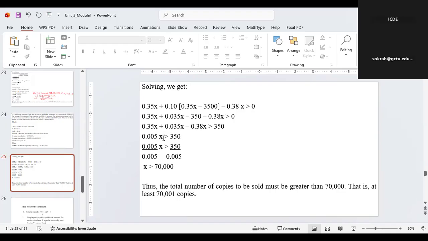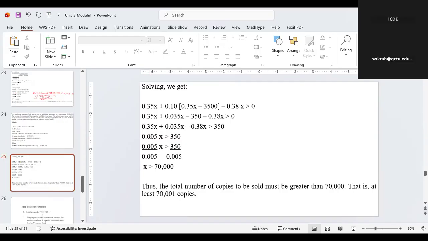Positive 350. From here, we are looking for x, but not 0.005x. So that 0.005 must leave the x alone. How does it leave? Since it is multiplying, you need to divide by that 0.005.